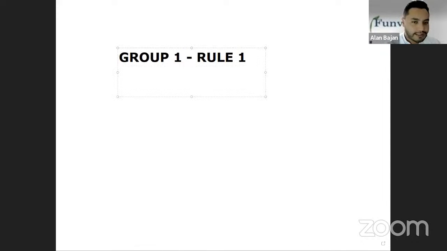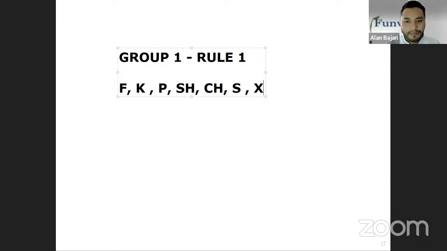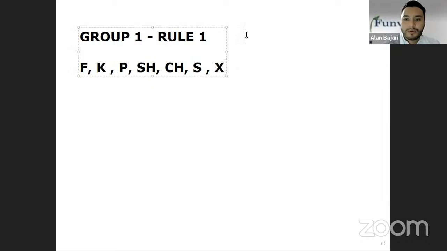Okay. First group, group 1, or rule 1. We find all the verbs ending with the sound of F, K, P, SH, CH, S, and X. Right? We call these sounds voiceless.